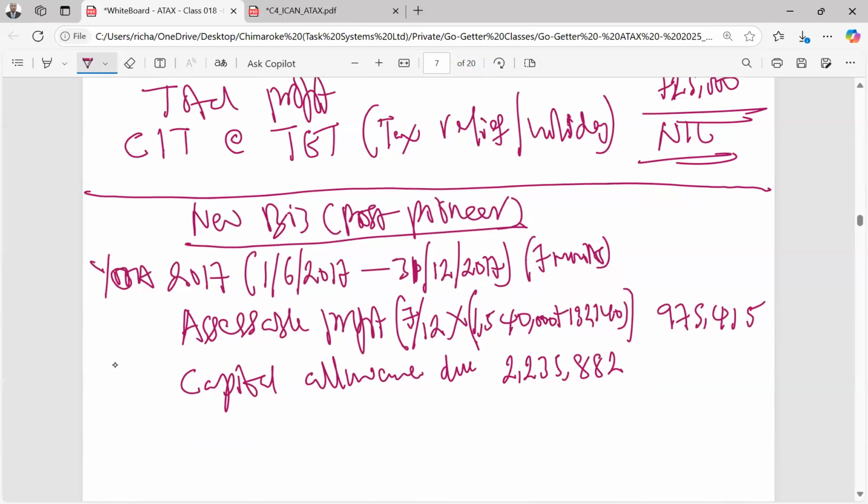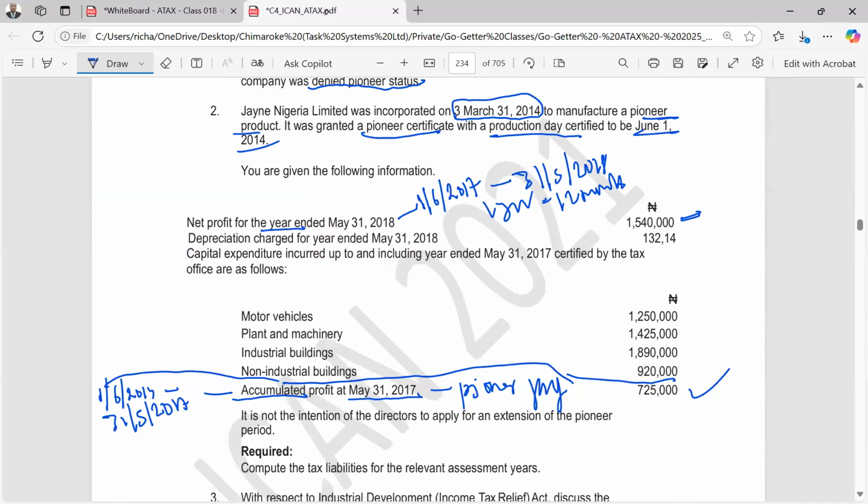Okay. Now this is a pioneer company and it's a manufacturing company. It manufactures a pioneer product. So because it's a manufacturing company, capital allowance is not restricted.